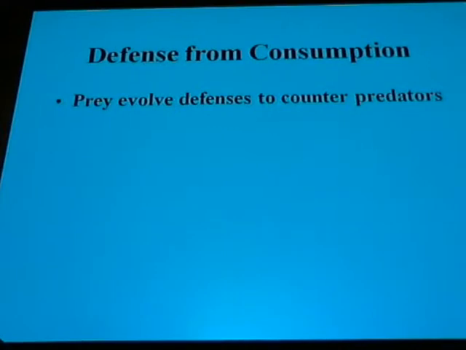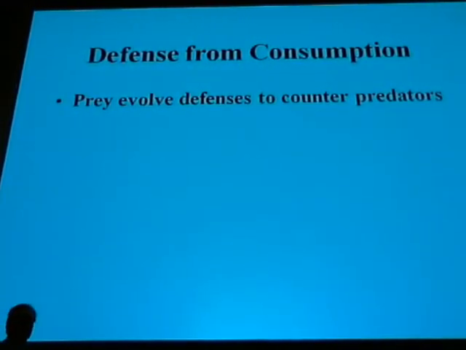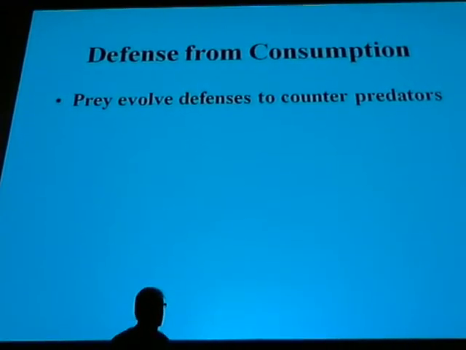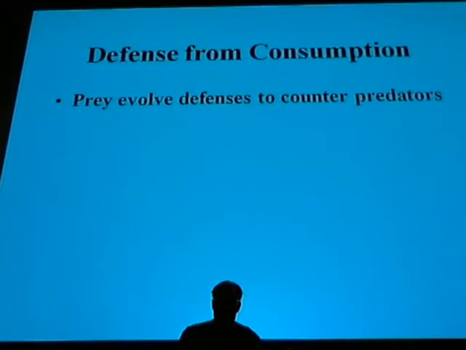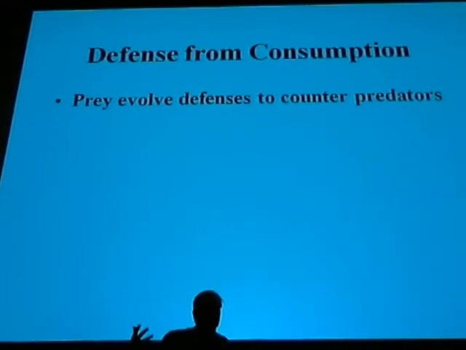So prey evolve defenses to counter predators, to try and prevent this. And so there's this constant evolutionary arms race between predator and prey. Predators target prey, prey evolve defenses to counter predators, predators come up with counter tactics to avoid the defenses, and you've got an arms race.